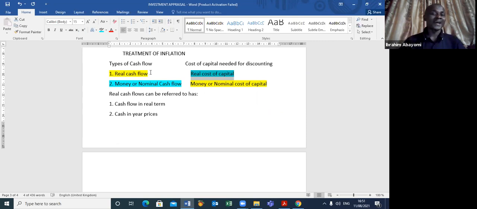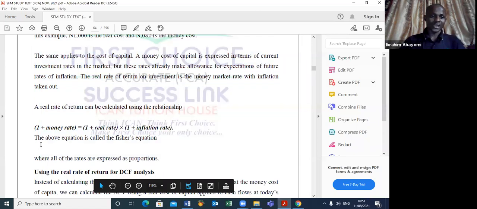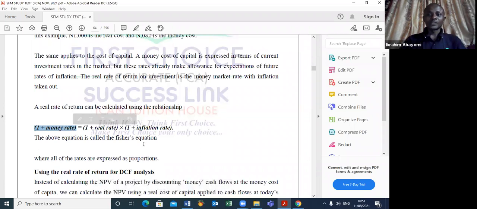But if you want to convert cost of capital, you cannot convert it in that manner. You have to use an equation that we call Fisher's equation. Fisher's equation tells us that 1 plus money cost of capital, which is our money rate, is equal to 1 plus real cost of capital, which is our real rate, times 1 plus inflation rate.